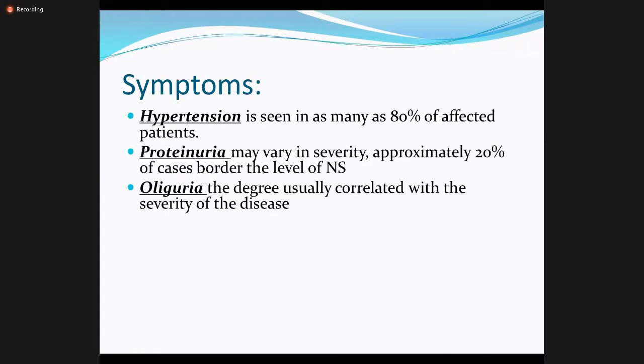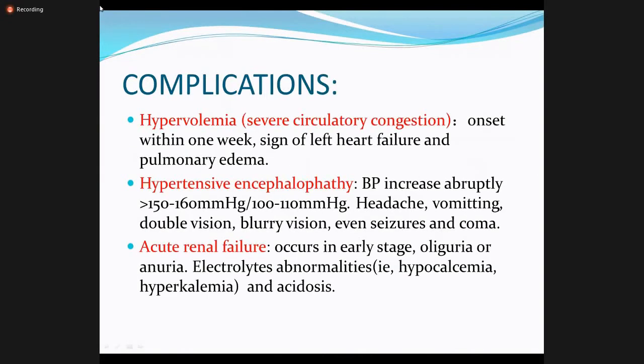Okay, what are the complications? AGN usually presents with painless gross hematuria and edema, and they may have hypertension and oliguria. Not all cases develop complications, but about 10 to 20% of patients do.